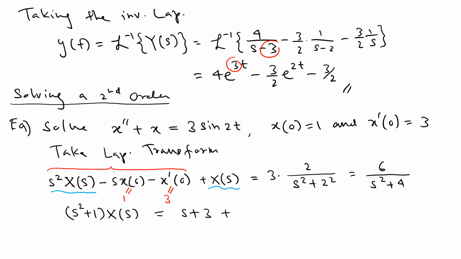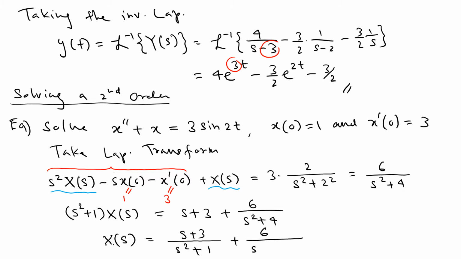And you have 6 over s squared plus 4. The next step is we divide both sides by s squared plus 1. So your X(s), the big one, is simply s plus 3 over s squared plus 1. That's the first term. Plus here you have 6 over s squared plus 1 times s squared plus 4.